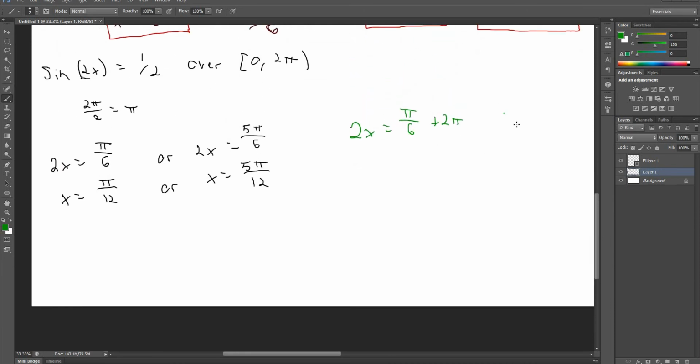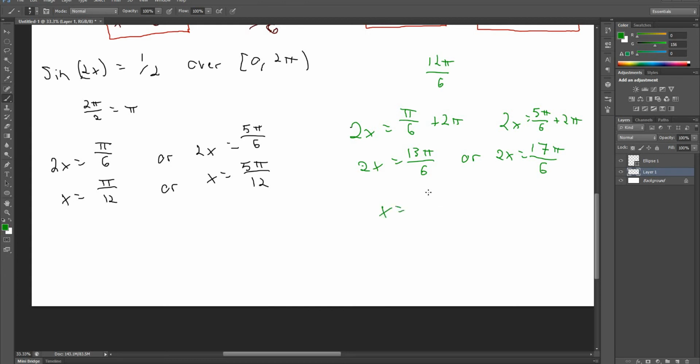The other option is, well, this is going to be 5 pi over 6 plus 2 pi. 2 pi is 12 pi over 6. So I have 2x is equal to 13 pi over 6, or 2x is equal to 17 pi over 6. In this case, we just divide by 2.